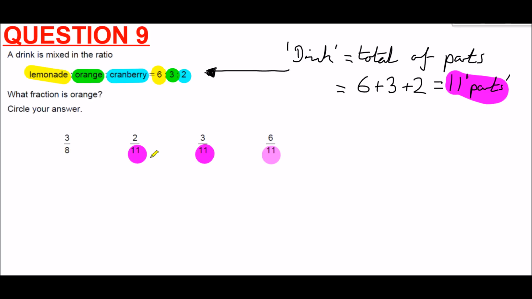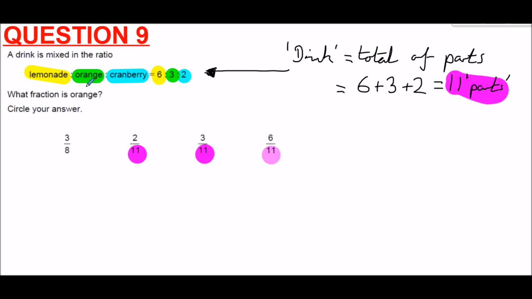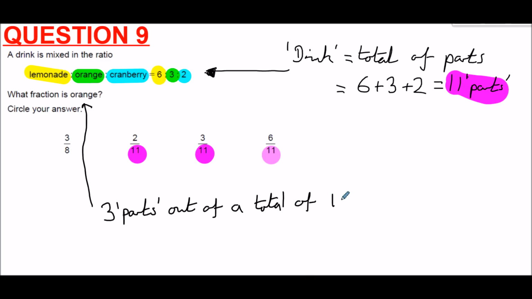Which appears here. We're asked what fraction is orange. That means what fraction of the drink is orange. And so the orange is 3 parts out of a total of 11.